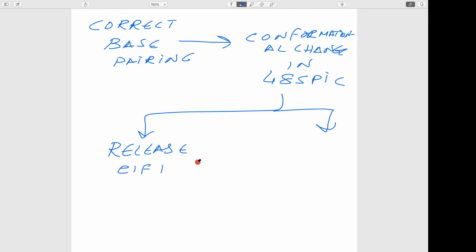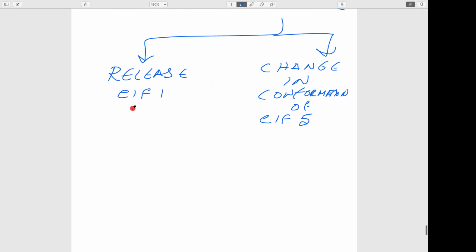Then there is a change in conformation of EIF5. Once the change in conformation of EIF5 and release of EIF1 take place, this process is stimulating.